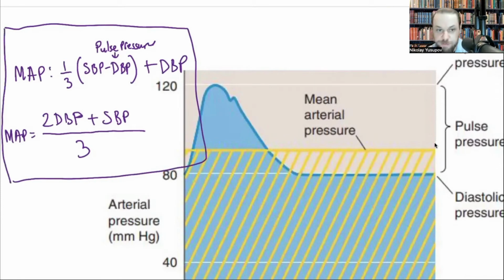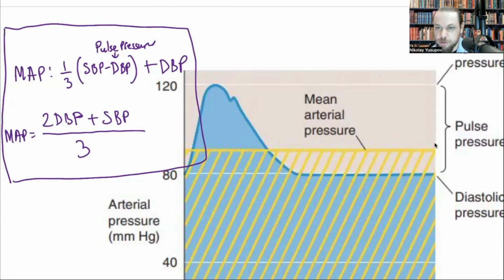All of these are ways to calculate your mean arterial pressure. You could use whichever formula you prefer, maybe one is easier than the other. I do recall questions on some exams that did not ask you to calculate it, but asked which of these formulas calculates the mean arterial pressure.